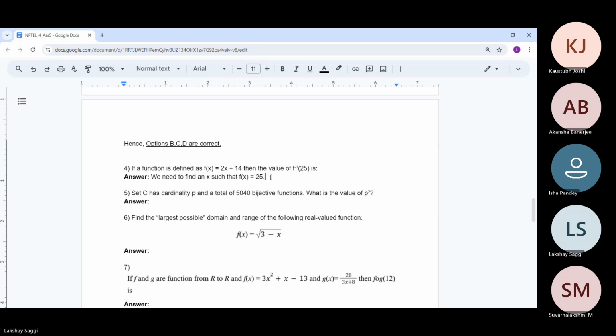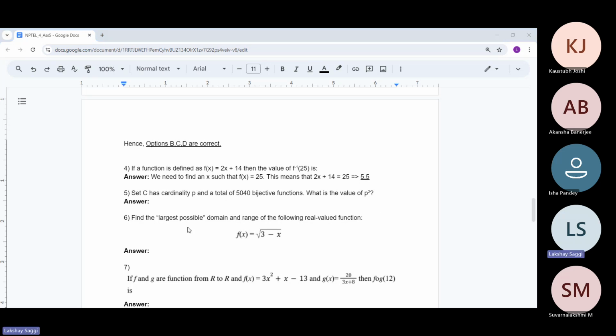So what this gives us is 2x plus 14 is equal to 25, and this gives x equal to 11 by 2, right? Which is nothing but 5.5. So x equals 5.5 will be the correct answer. So I hope this is clear to everyone.